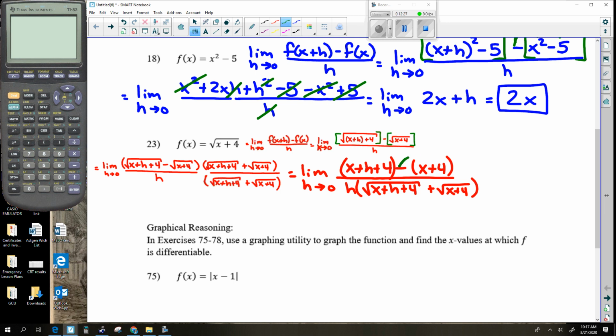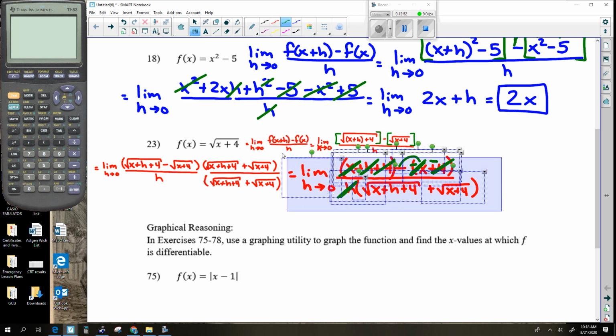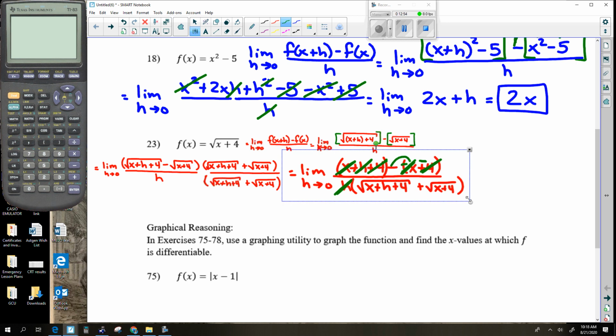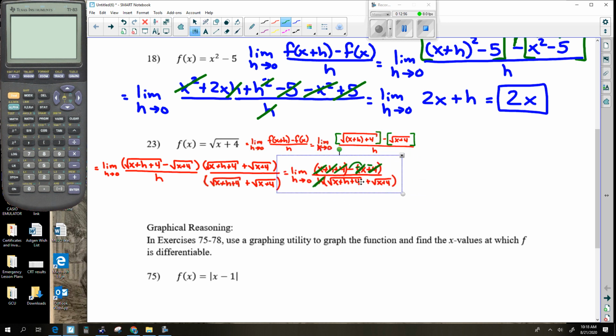Multiplying in this negative, I am able to cancel out this negative x with that x, this negative 4 with that positive 4, leaving just an h in the numerator, and there is my cancellation with that h in the denominator. So I was able to cancel out that h that I was really looking to get rid of.